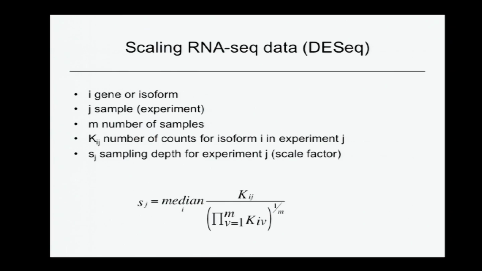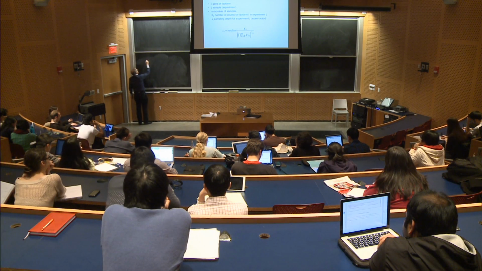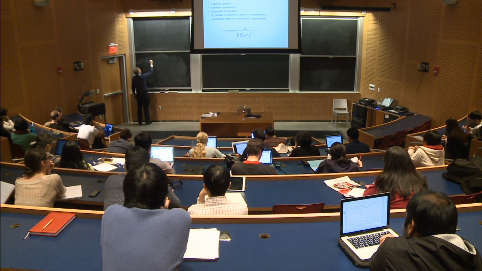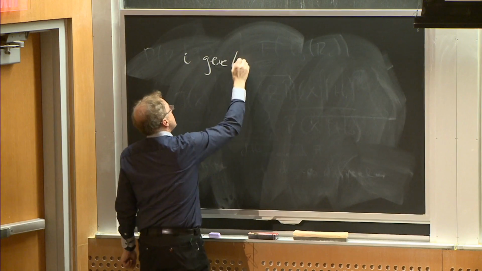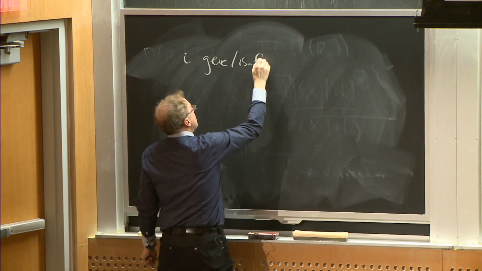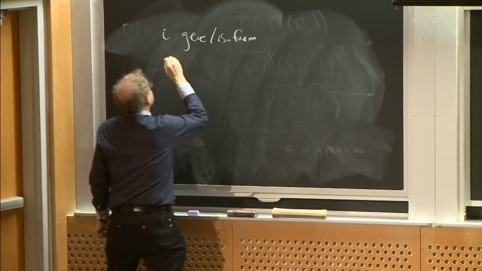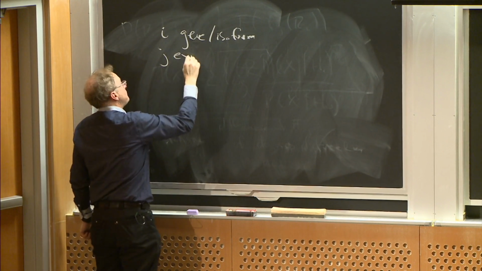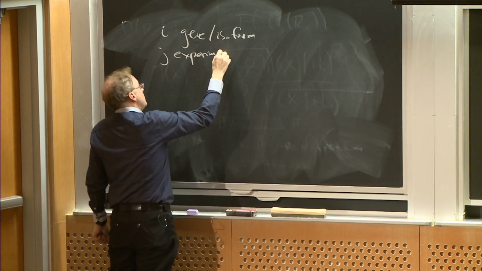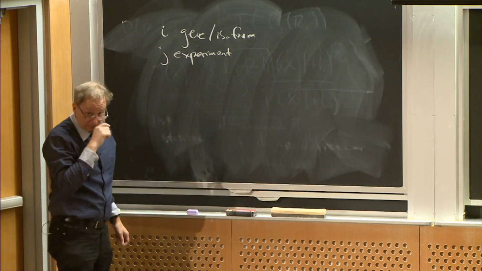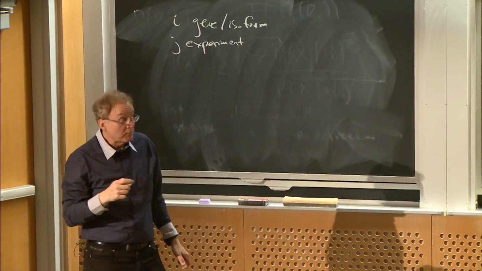And in our analysis, what we're going to do is let i range over a gene or an isoform. j is an experiment. And there may be multiple experiments in the same condition that are replicates.